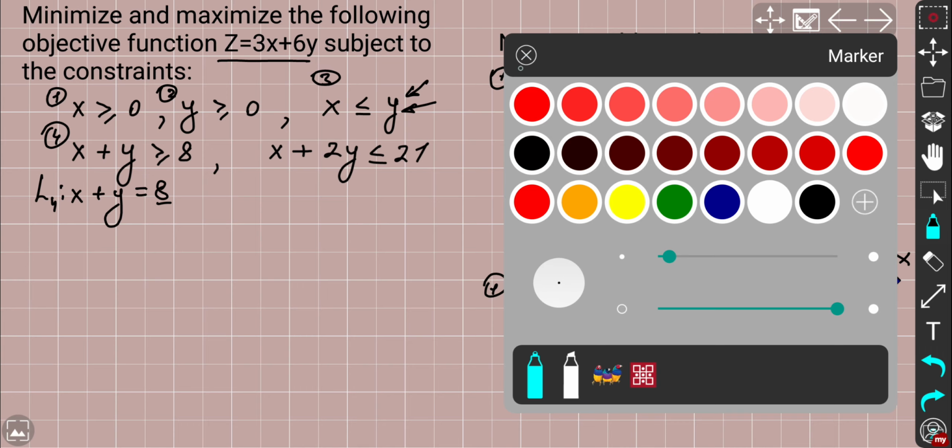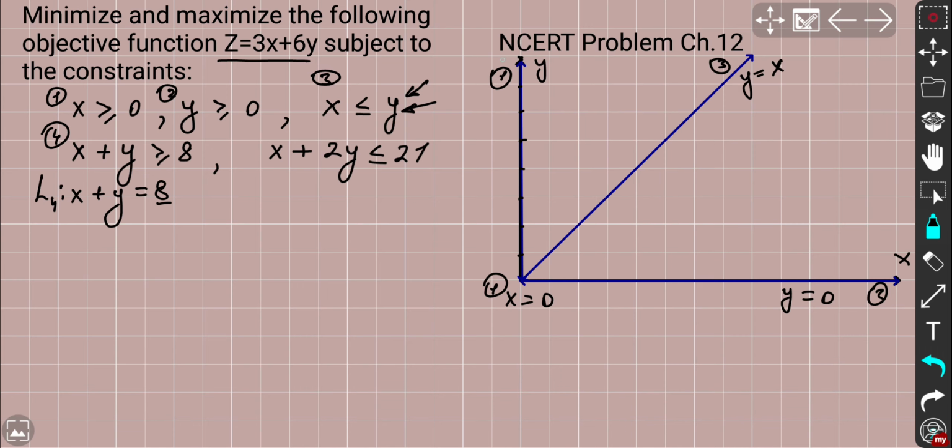So it's going to be here. All right, so I put 8 here. This is one point. And the second point, when y equals 0, you'll get x equals 8. So 1, 2, 3, 4, 5, 6, 7, 8.